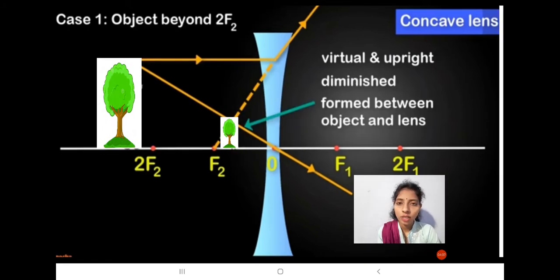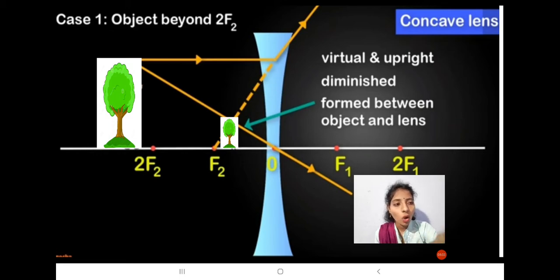Yes, and the image is diminished. That means here the object height and image height are not equal. Yes, the image height is less than the object height. And here it is formed between object and lens. What is the position of the image?